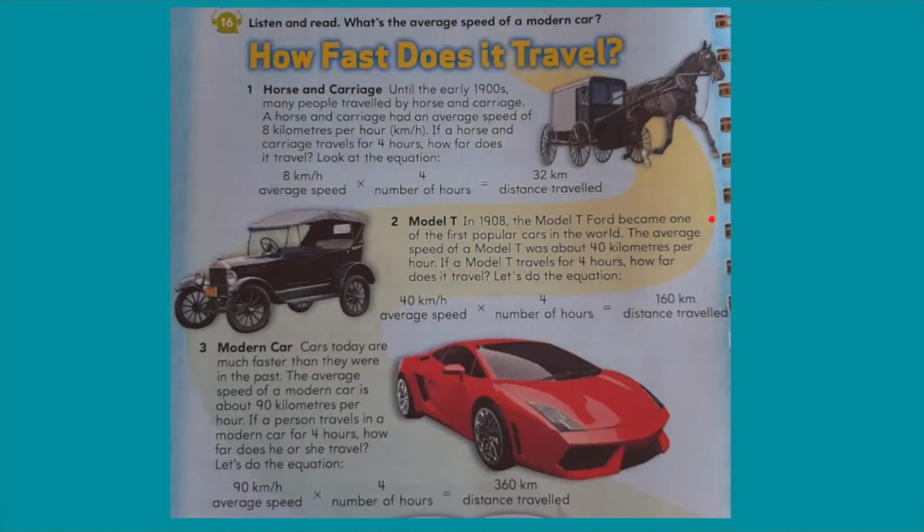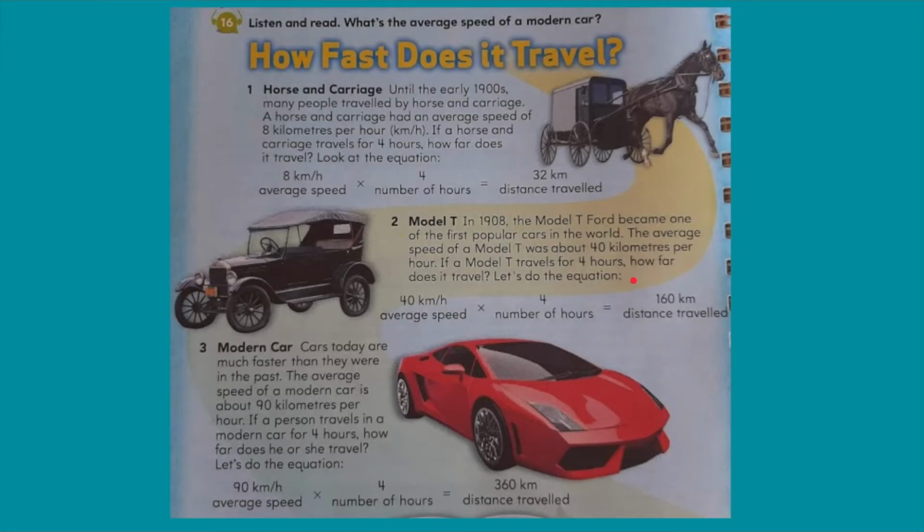Model T. In 1908, the Model T Ford became one of the first popular cars in the world. The average speed of a Model T was about 40 kilometres per hour. If a Model T travels for 4 hours, how far does it travel?